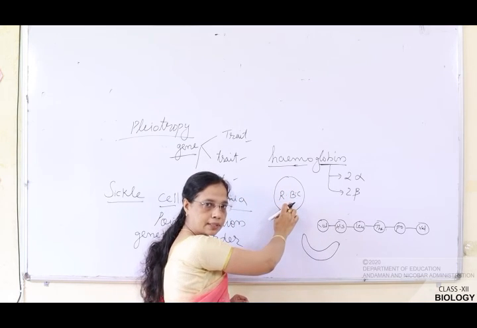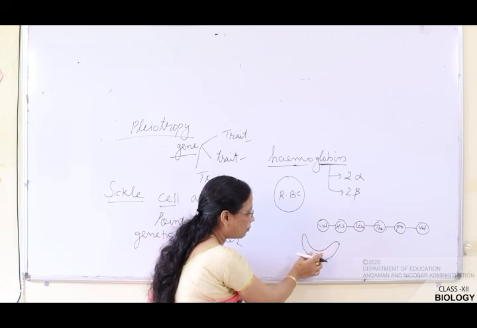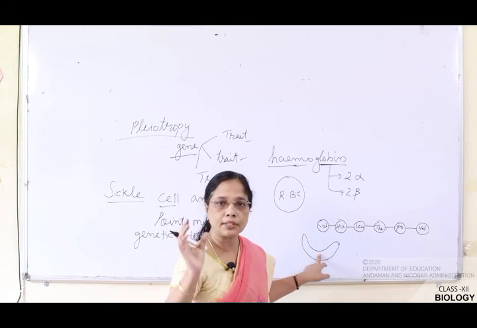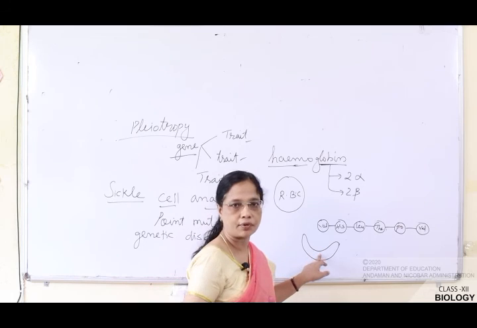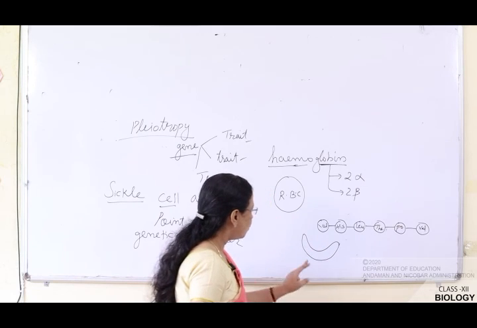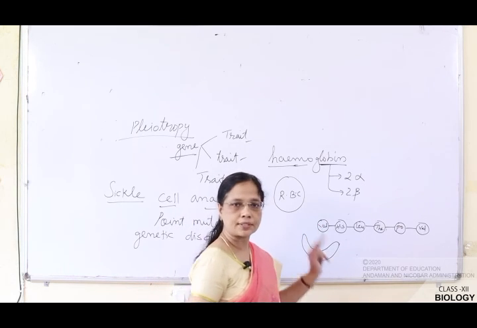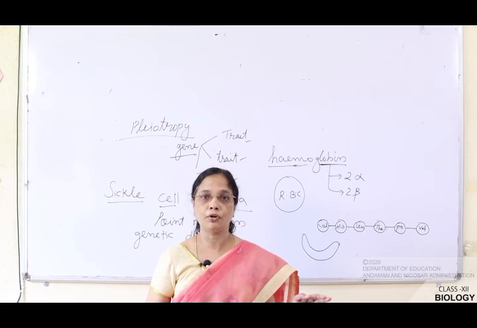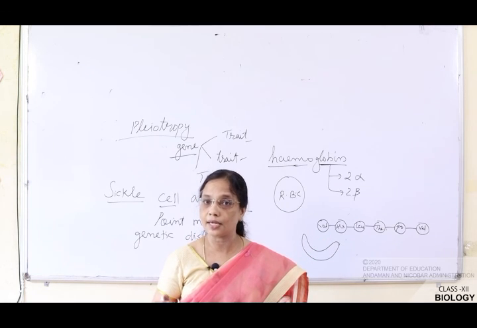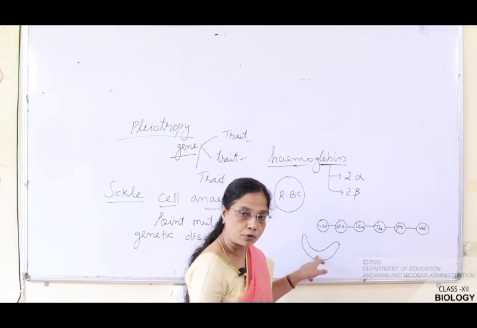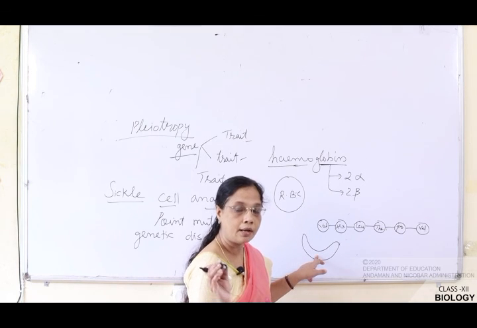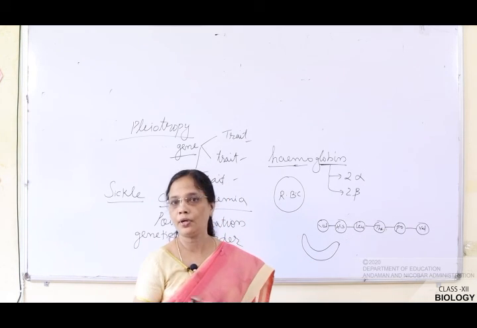They require RBC. As the shape of the RBC is changed, the parasite is unable to survive here. So the malarial parasite will not develop in sickle cell anemic patients. They are not prone to malaria. They can survive in the malaria prone area.